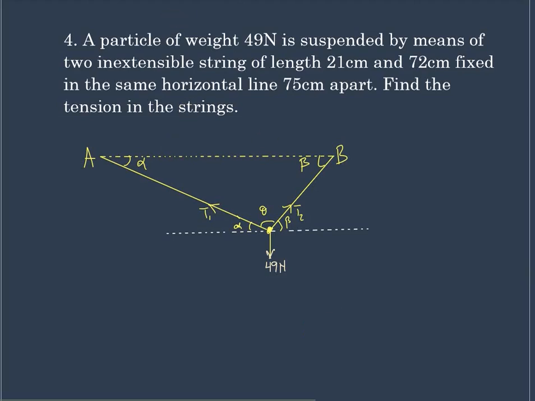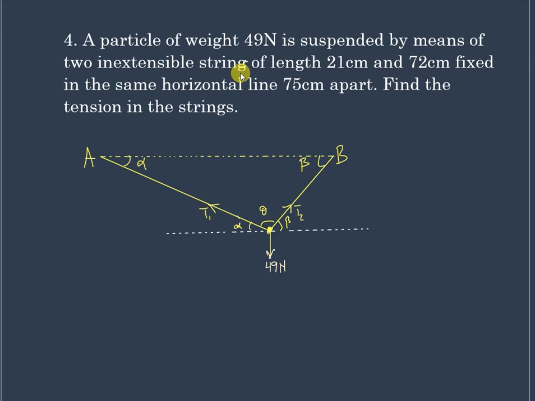This one is saying that a particle of weight 49 is suspended by means of two inextensible strings. This one should be strings of length 21 centimeters and 72 centimeters, fixed in the same horizontal line, 75 centimeters apart.